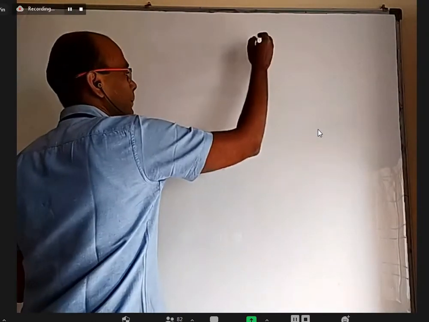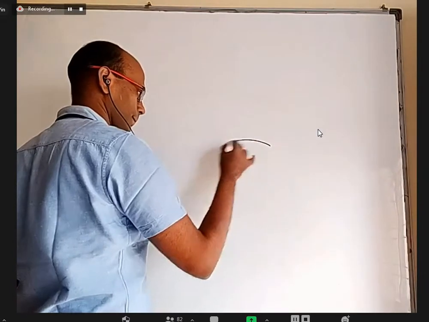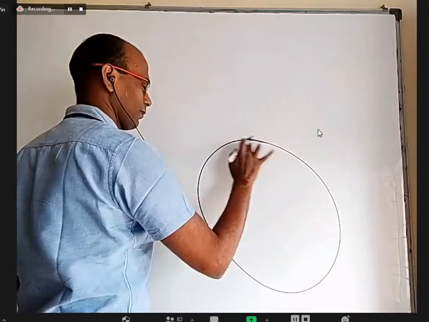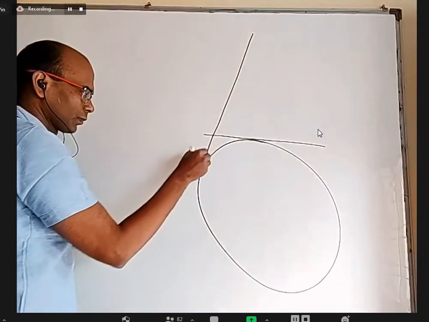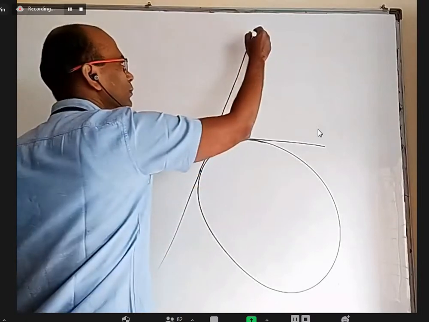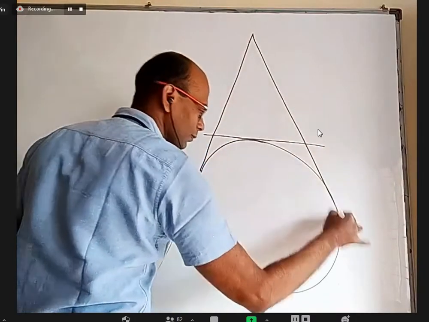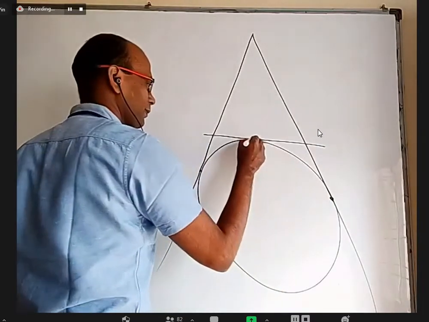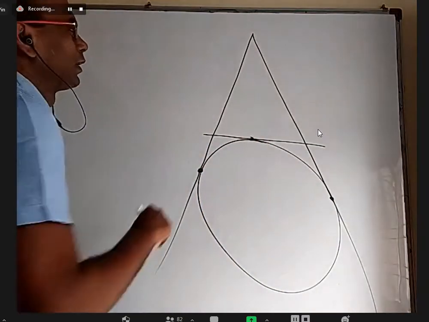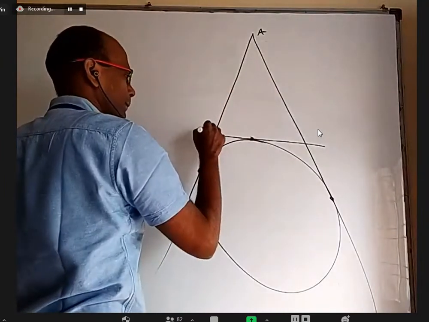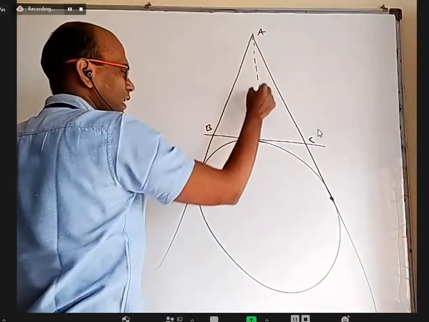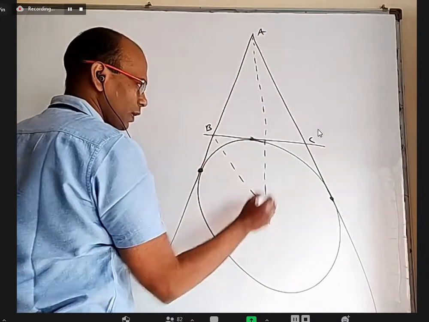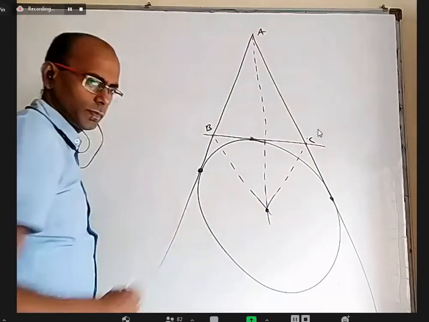Okay, where are we now? Yeah, I was talking about the other triangle. The excenter is somewhere here, which is the point of concurrence of one internal bisector and two external bisectors.